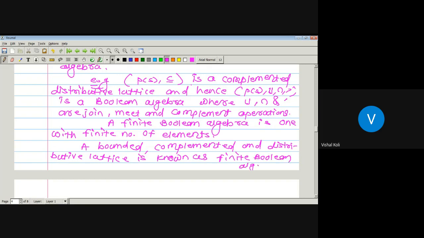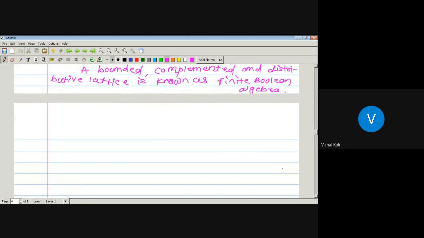Since it is bounded, it contains a finite number of elements. So a bounded, complemented, and distributive lattice is nothing but the finite Boolean algebra.